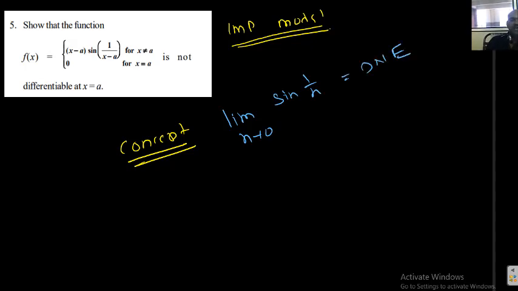The reason is that it is an oscillating function, oscillating between minus 1 and 1 when x is tending to 0. To eliminate the oscillation, if we write x, x square or x cube, then automatically the function tends to 0 only. This is oscillating between minus 1 and 1 and this is tending to 0, so 0 into some finite value is 0 only.